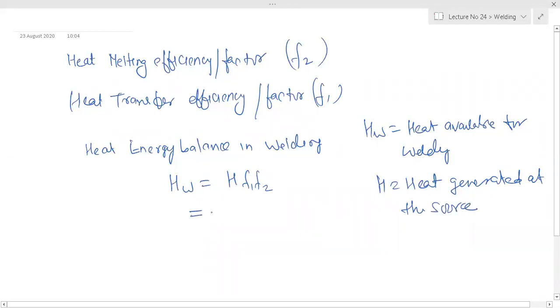And this is also equal to, it must be equal to Ms delta T plus ML. Then only this welding will be possible.